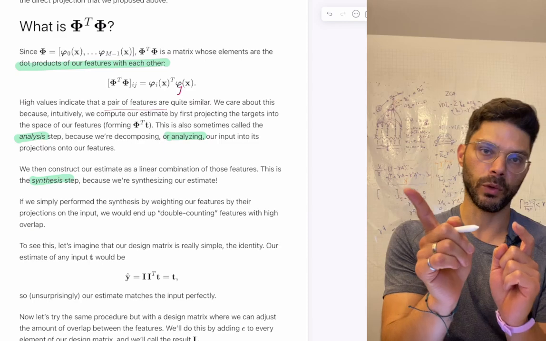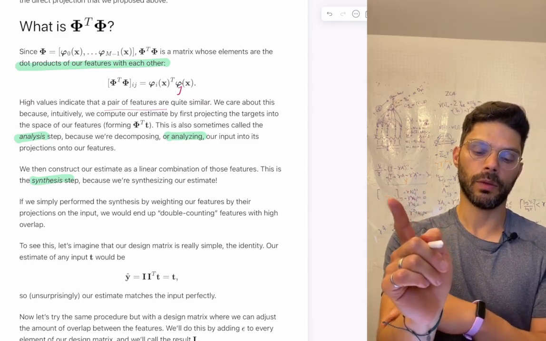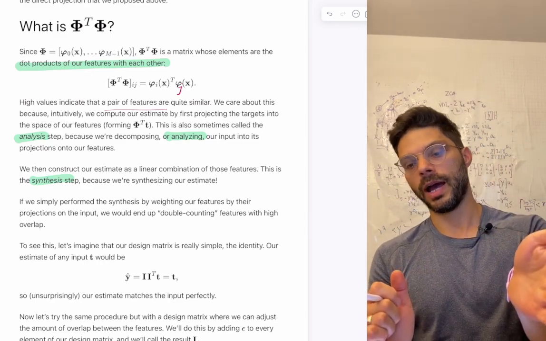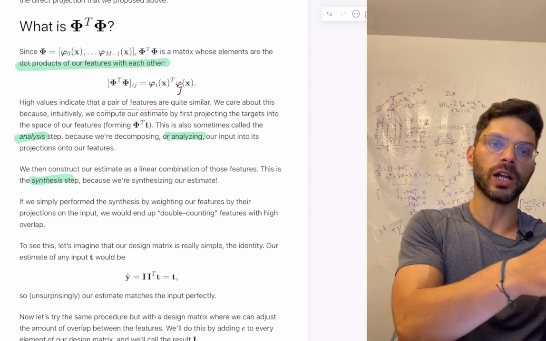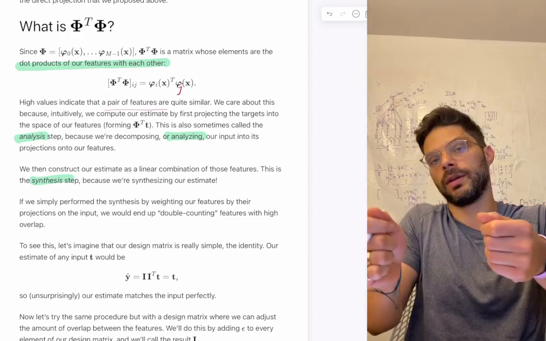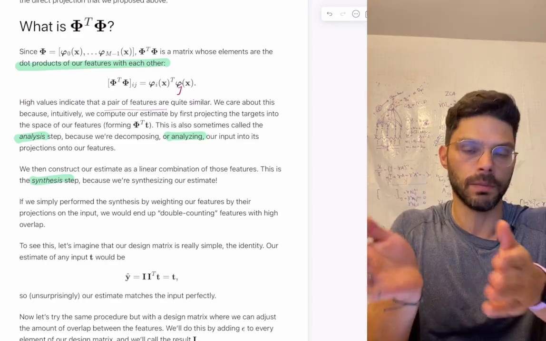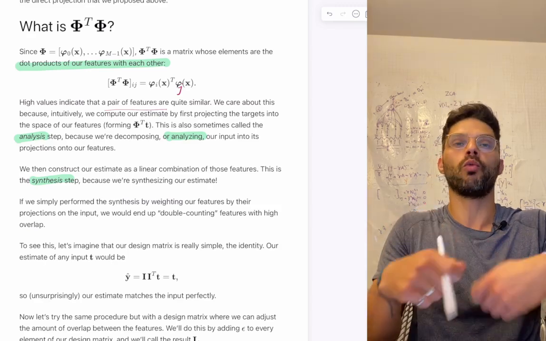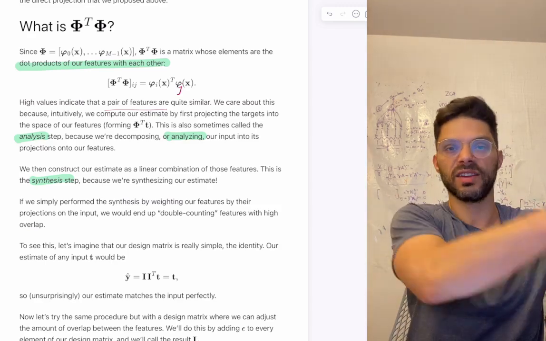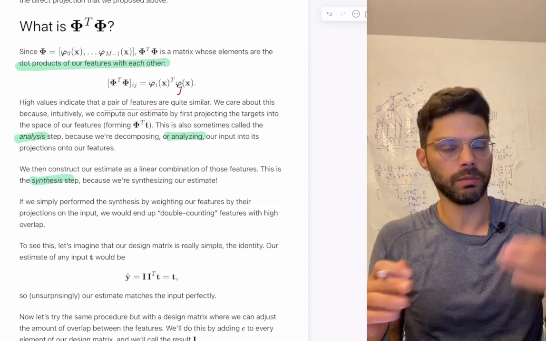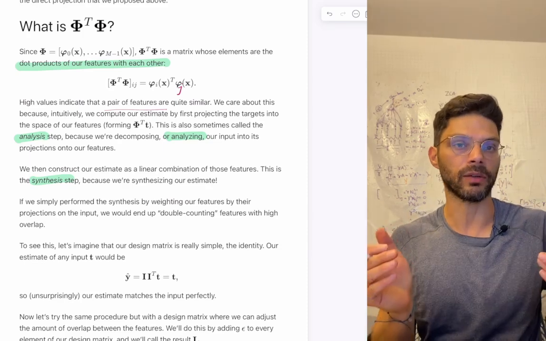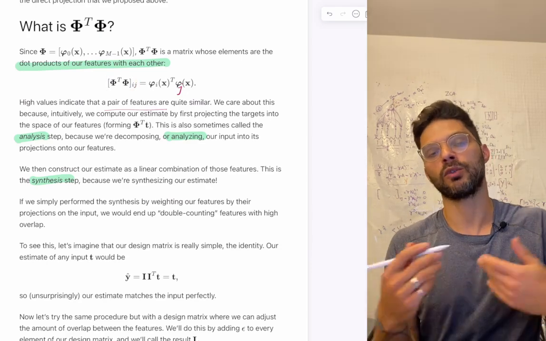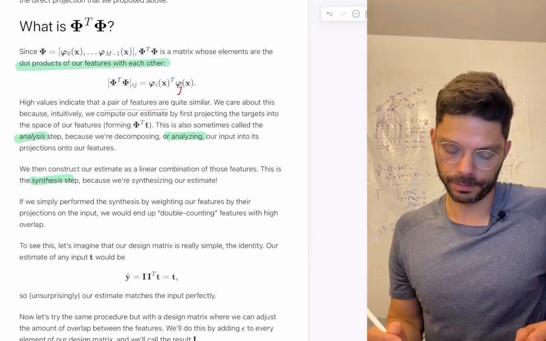When you compute the projection onto one, and then the projection onto the other, and you use both of those values to reconstruct, you've double counted one of them, because the second one is basically like the first. We don't want to include that direction twice in our synthesis. We only want to include some smaller amount. And so the inverse of this matrix that's going to show up in a bit will essentially take care of that for us.